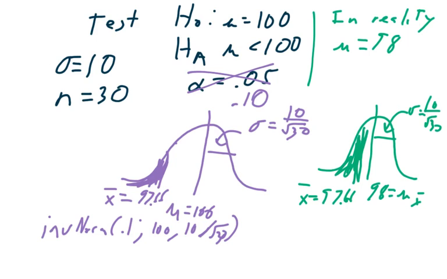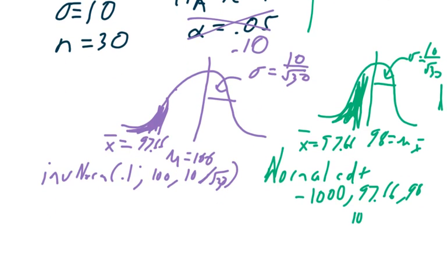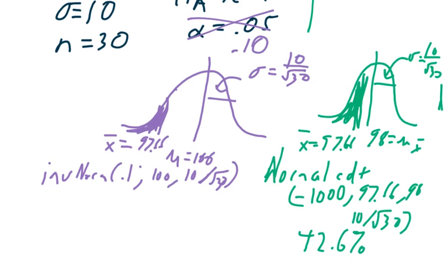And so when I do my normal CDF, it's going to be from negative big number to 97.66, mean of 98, standard deviation of 10 over the square root of 30, and that's going to give me my power this time, which means my power is now 42.6%. And so it used to be 29%, now it's 42.6%. So one way to increase power is to increase alpha.